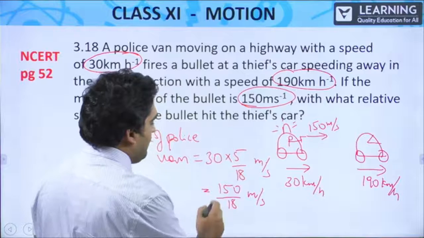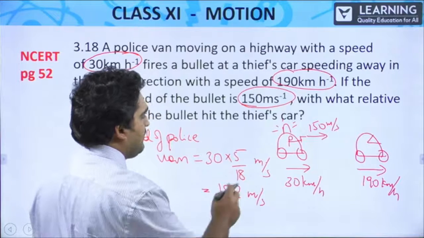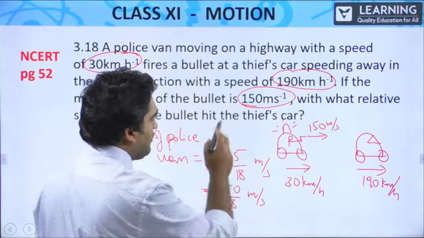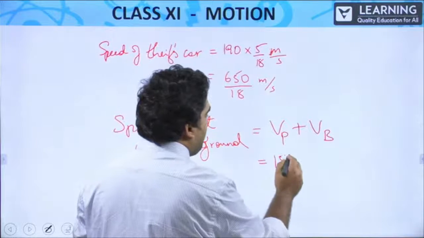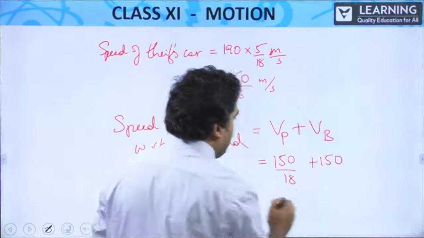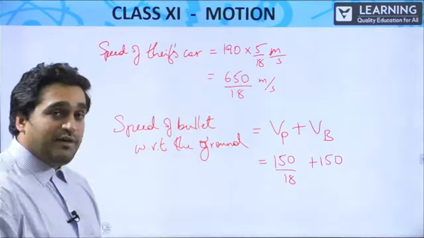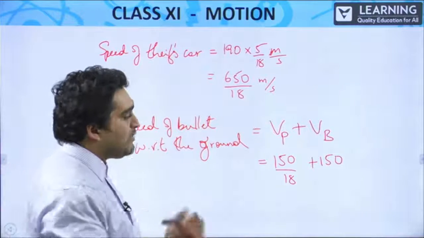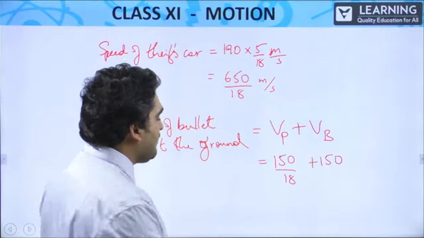That is 150 by 18 plus 150. So try to identify, go ahead, write it in your notebook, how much would be the velocity.